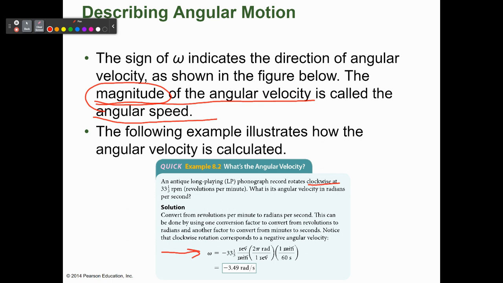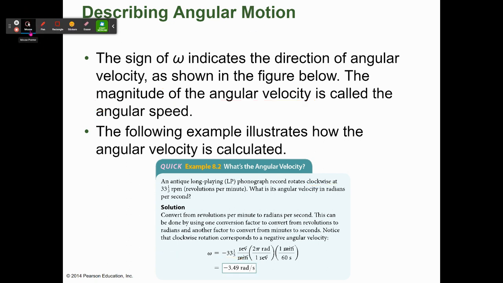And then we're going to change our minutes into seconds. And that gives us our answer here. So that's why I said it's probably a good idea just to commit to memory that when you see the word clockwise, that means it's negative. If you see the word counterclockwise, that would mean it's positive.